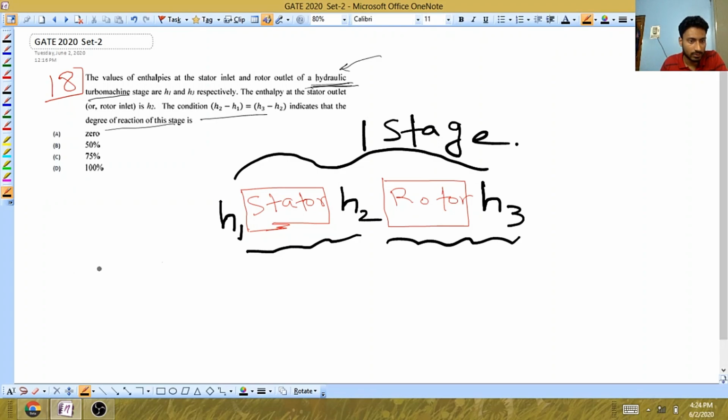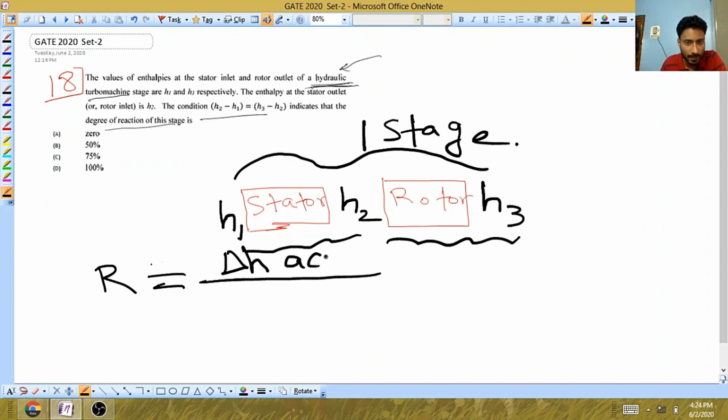The degree of reaction, which is denoted by R, is given as the enthalpy drop across the rotor divided by the enthalpy drop across the stage. What is the rotor? Rotor is basically the moving part, maybe the moving blade, runner, anything you can say.